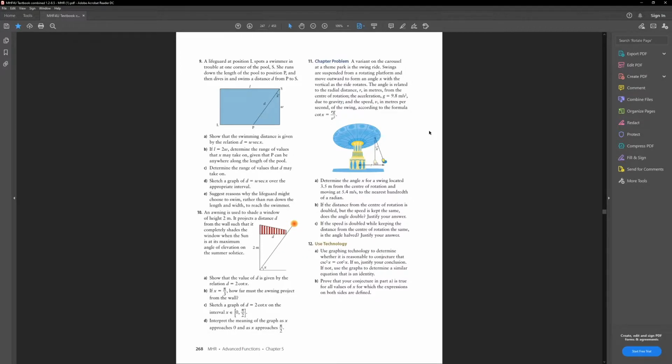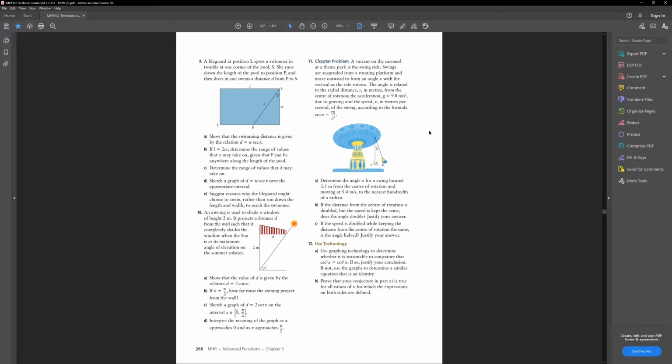That is all you have to do. Then, if L is equal to 2W, determine the range of values that X may take on, given that P can be anywhere along the side of the pool.